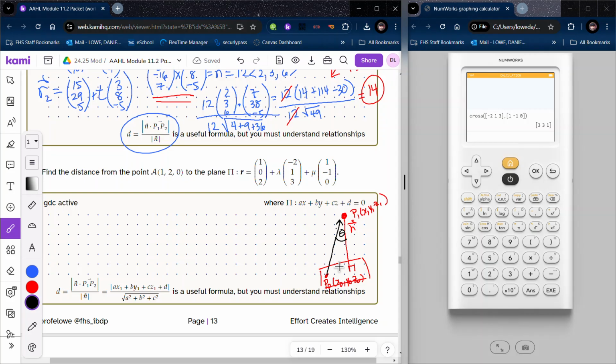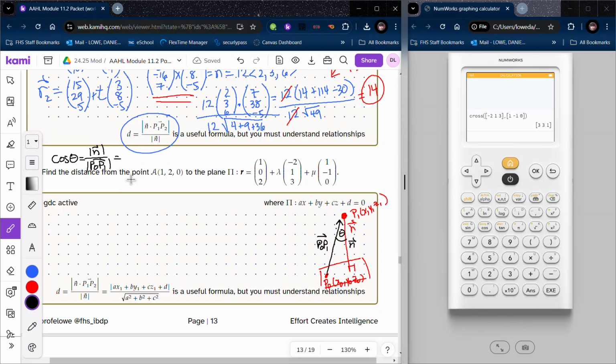All right, but how can I work with that? Well, let's think of the right triangle that's represented here. Here's our normal vector and the hypotenuse is P naught to P1. I know that the cosine of theta is going to be the magnitude of that normal vector divided by the magnitude of P naught to P1.